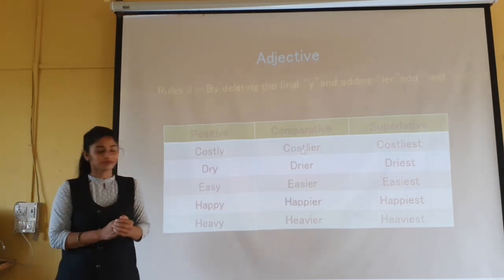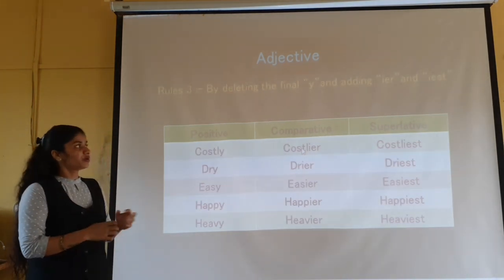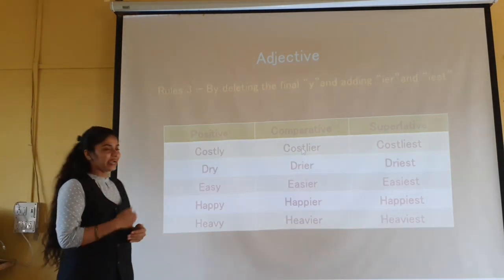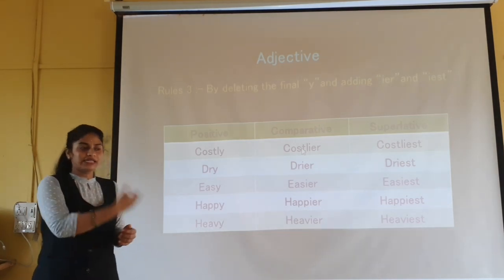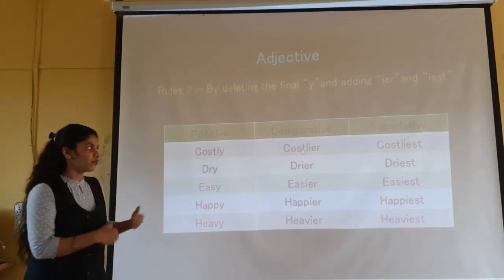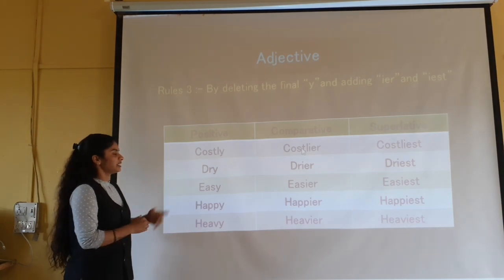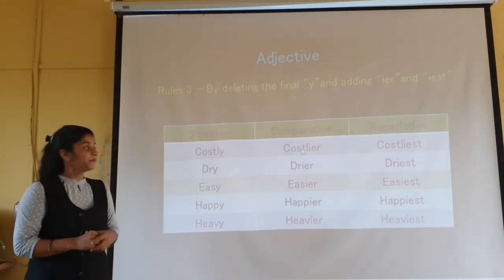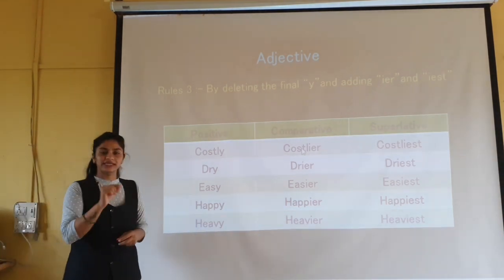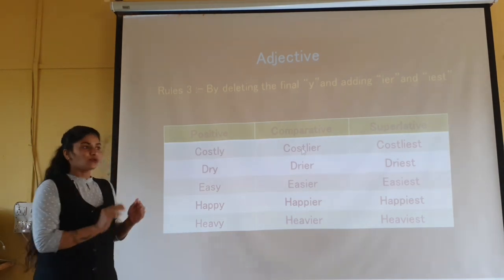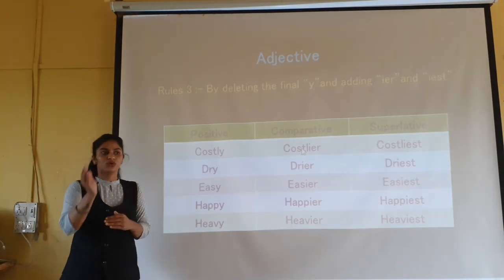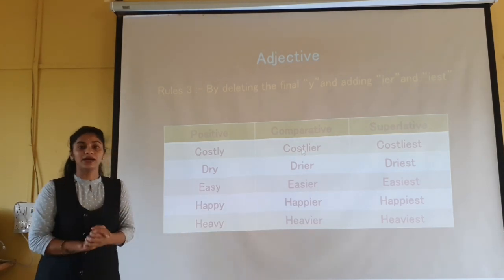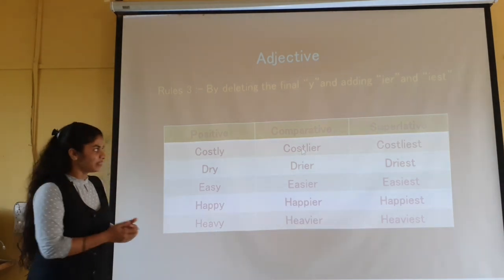Let's go further. Now here dear students, if you notice there are slight changes in the addition at the end of the adjective. Now what are those changes? If you notice in the first positive degree, costly, C-O-S-T-L-Y. Now to keep this lesson in your mind, you should know the rules of singular and plural. Now why, I will explain.